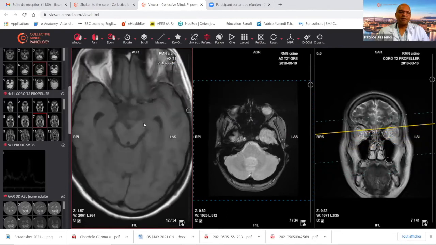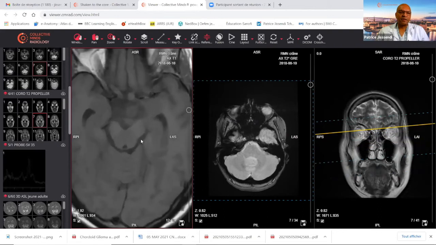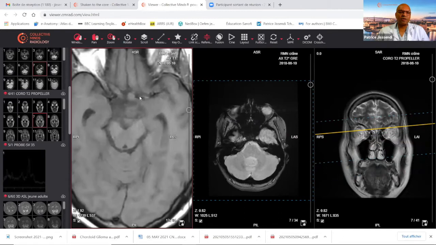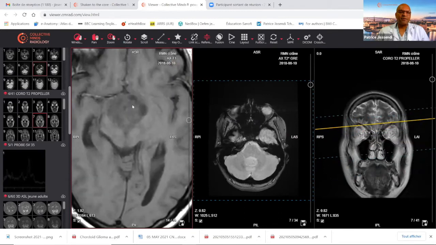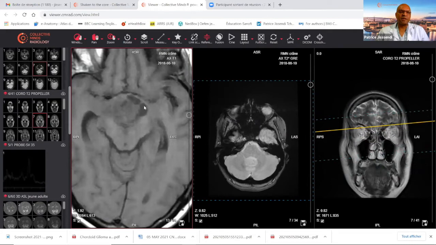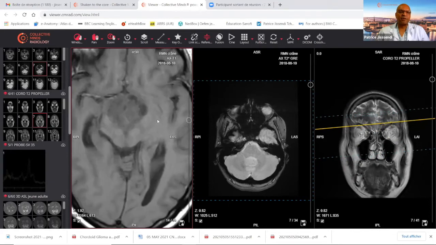At the level of the interpeduncular cistern, we can see that there is no spontaneous hyper T1 signal in that area, and even within the mass it looks hypo T1 globally, with some cystic areas with a hypo signal like fluid, but less hypo than the CSF within the ventricles.